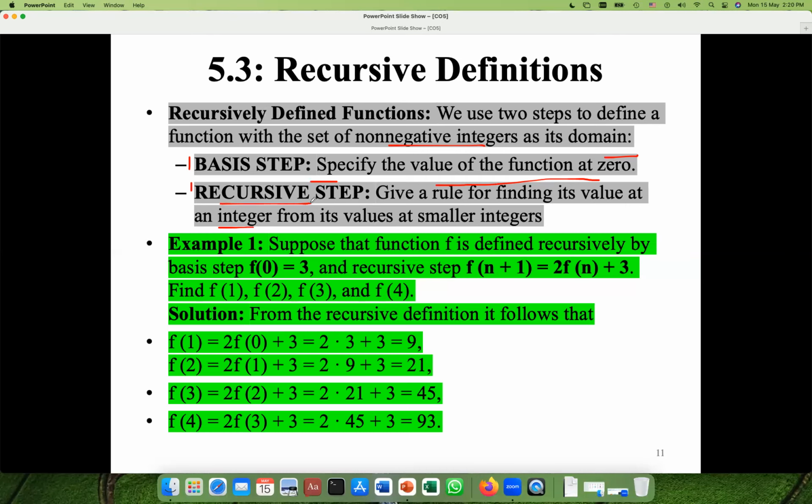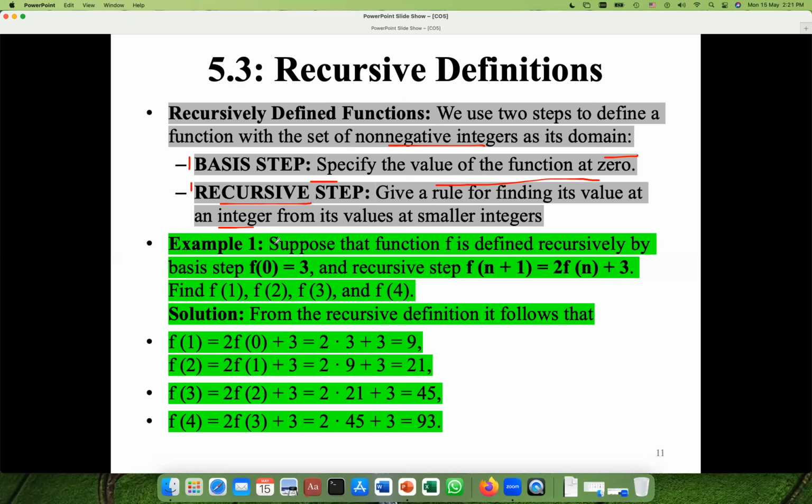Because the name is recursive step, in this step you will have some recursive formula for that function. By using that recursive formula, you can give any integer to that function, and that function will give you the value.